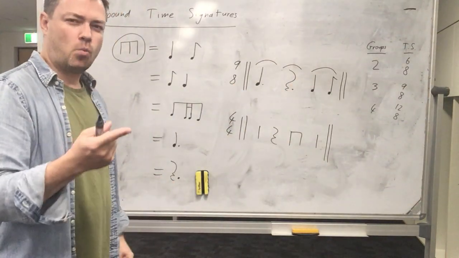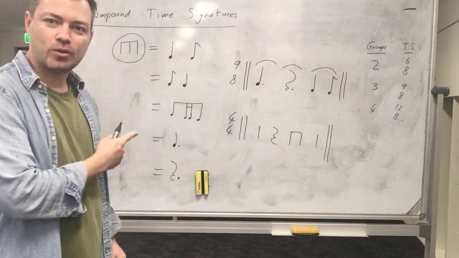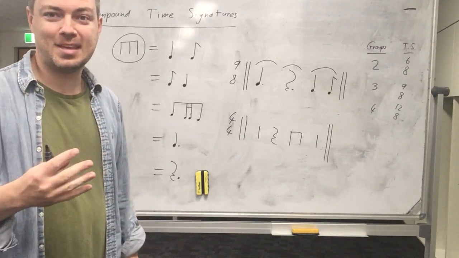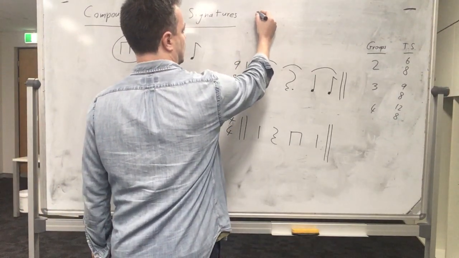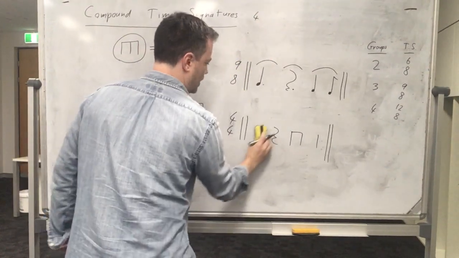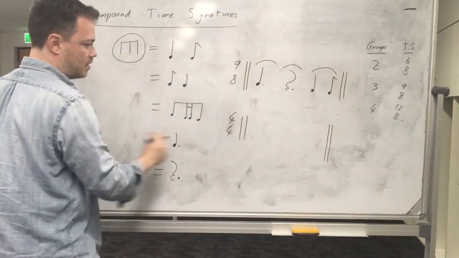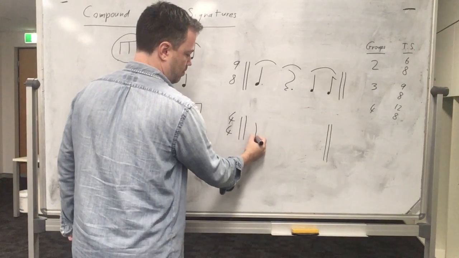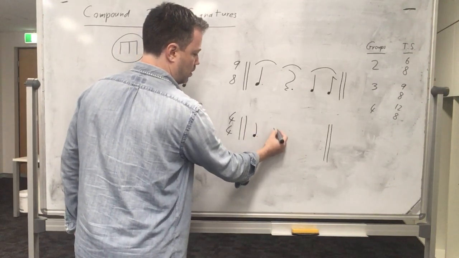So I might just give you one example where you might see one of these, but it's not common time, if you've lasted this long to the end of the video. And I'll do 4/4. Actually, let me just do it down here. So you might get a rhythm in 4/4 like this.